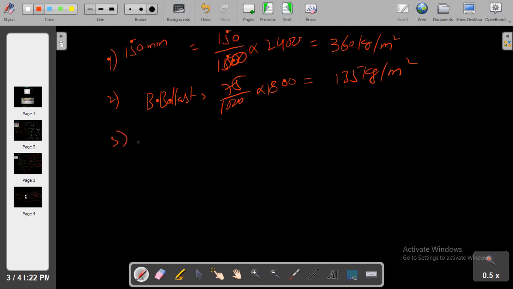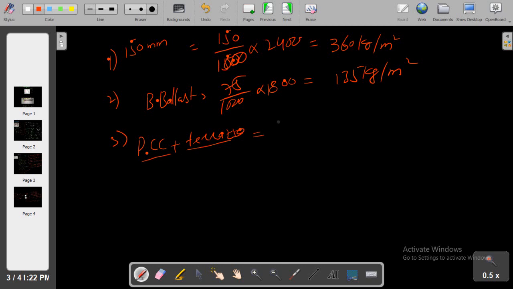Third, we have PCC plus terrazzo, because when we are providing terrazzo finishing, we have to provide first of all PCC, that is roughly 1.5 to 1 inch thick.